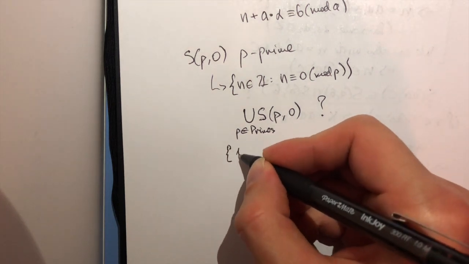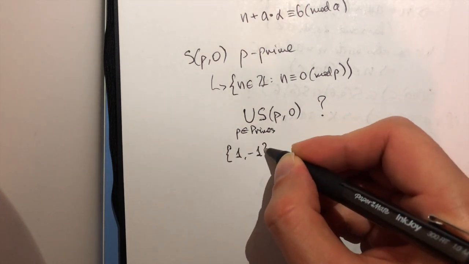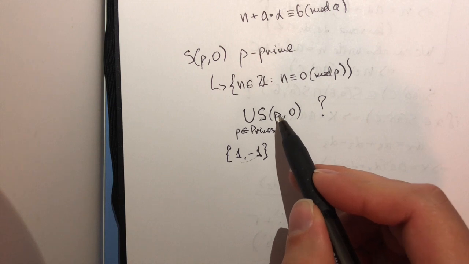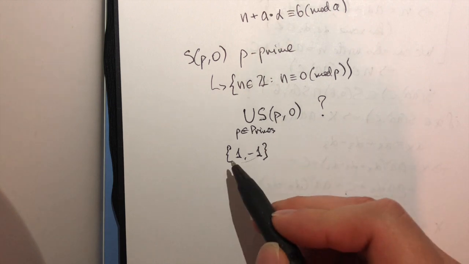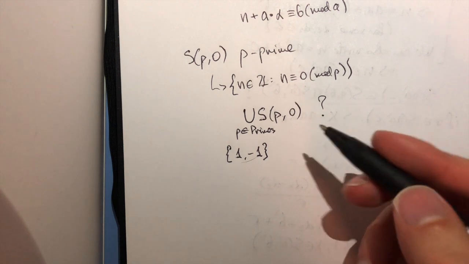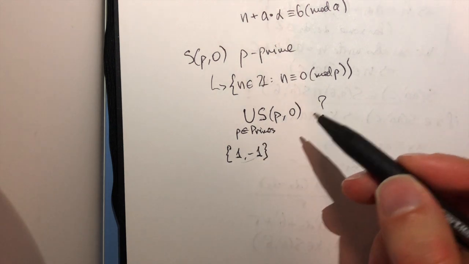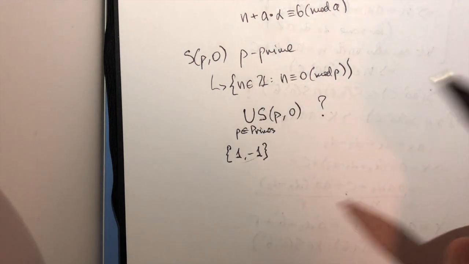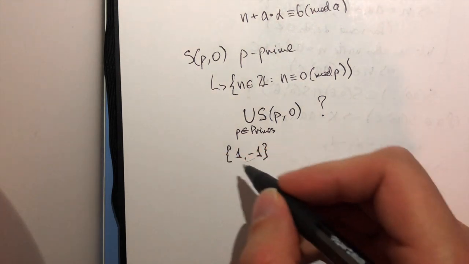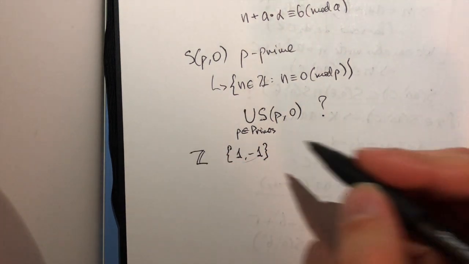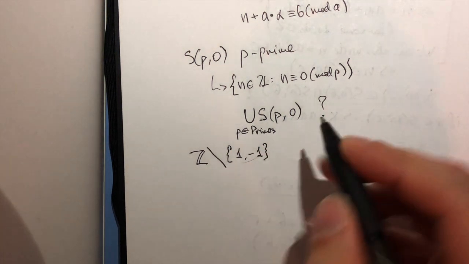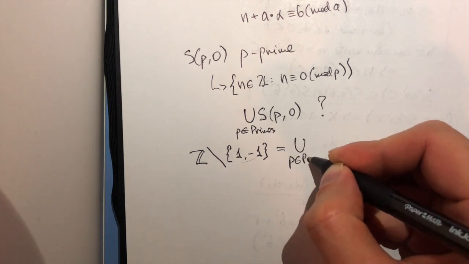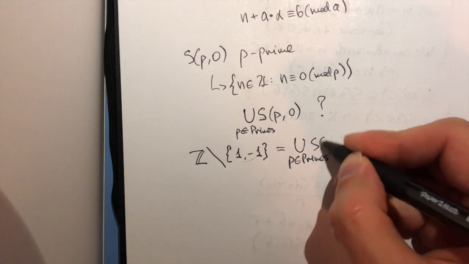So if we have numbers 1 and -1, this set will not be contained in this union, because P is at least 2 and 1 is not divisible by 2. But of course, the rest of integers will be contained in this union, because they will be at least 2 in absolute value, and so will be divisible by some prime. So if I take integers and exclude this set, I will get exactly this union. Right?